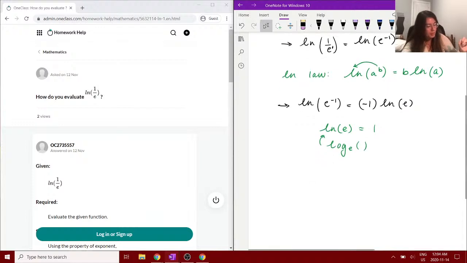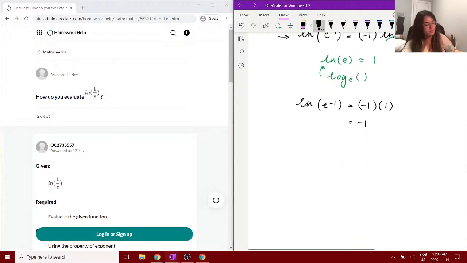So we know that ln e is 1, so that means we can turn that whole term to 1. Basically, ln of e to the minus 1 is equal to minus 1 times 1, or just minus 1.